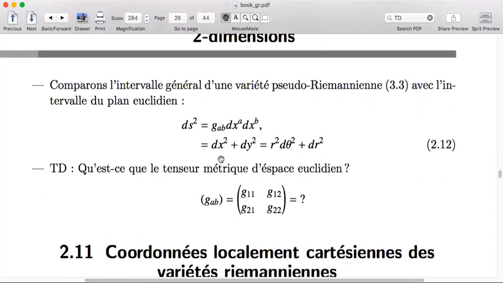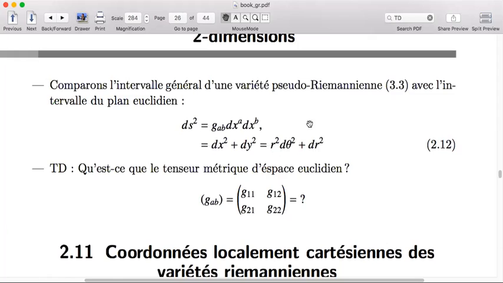It's diagonal because I don't see any terms like xy. There's no xy terms. So the g12 equals 0 and the g21 are 0. Furthermore, when we're in the xy coordinates, the diagonal terms are 1 and 1 because there's just a coefficient 1 here.